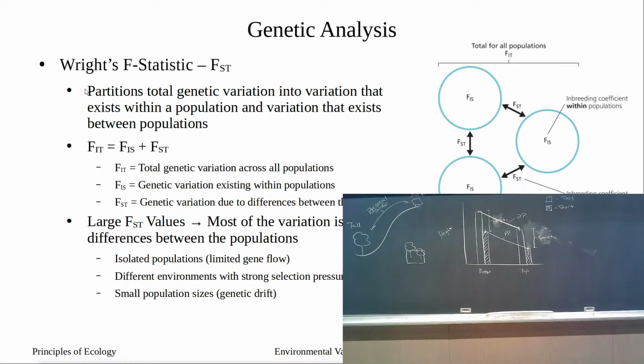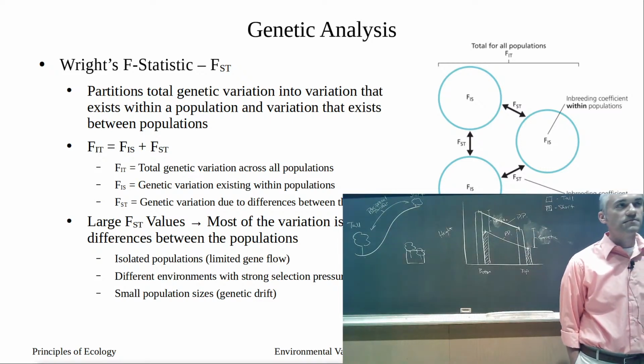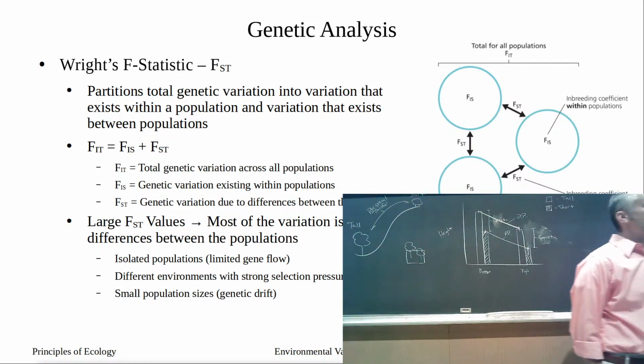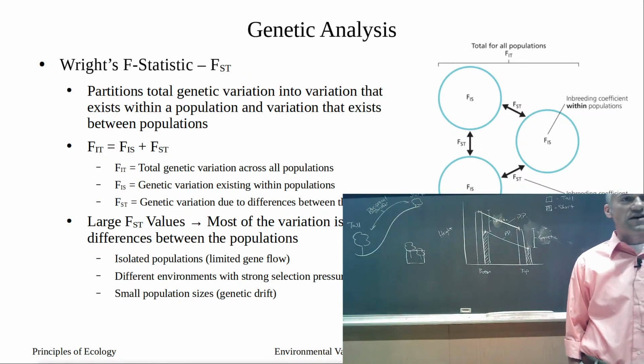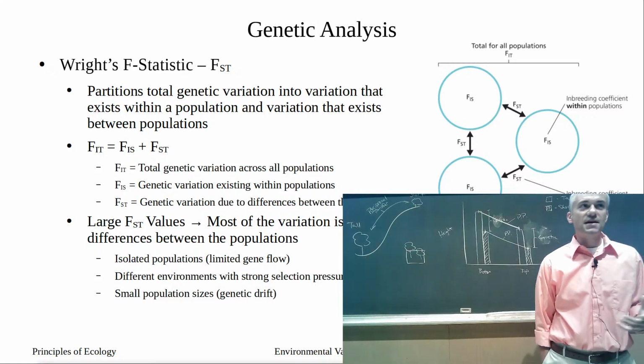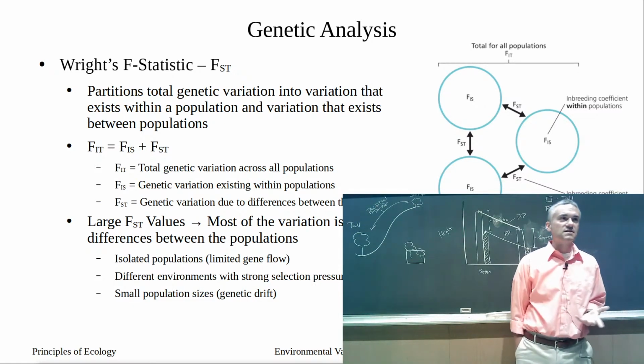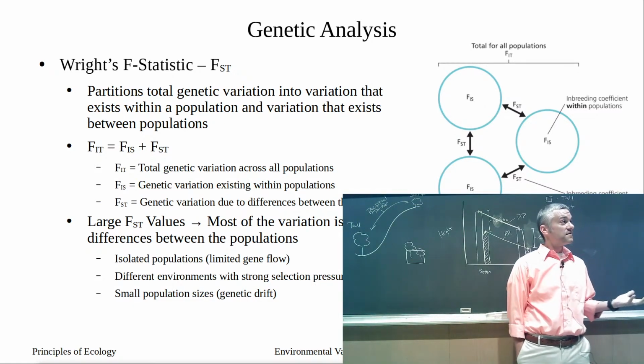So what is Wright's F-statistic? Wright's F-statistic is kind of a play from Fisher's F-value. Ronald Fisher came up with the statistical test analysis of variance. With that analysis of variance, his test statistic is an F value.